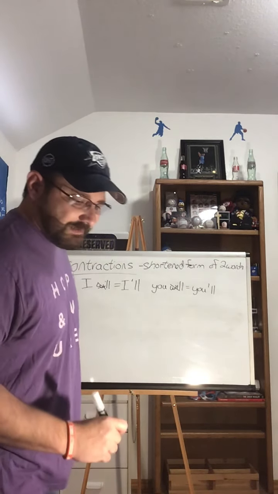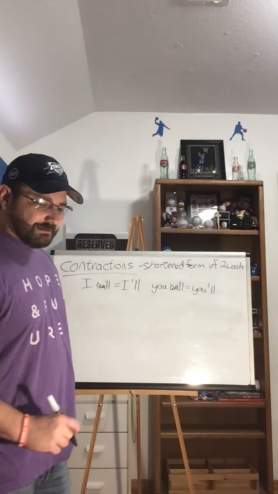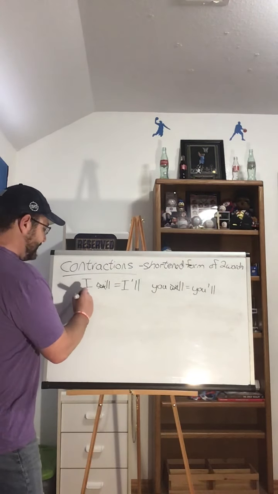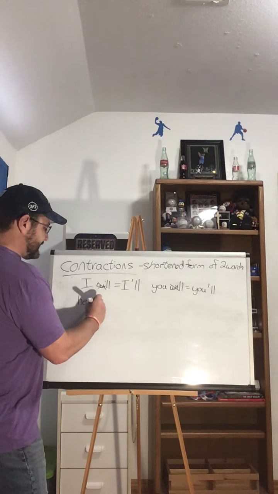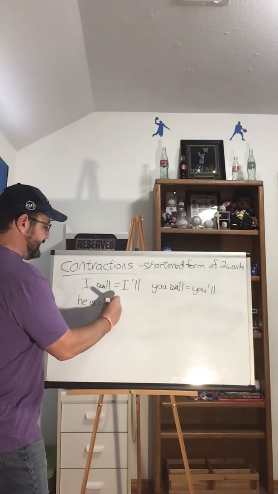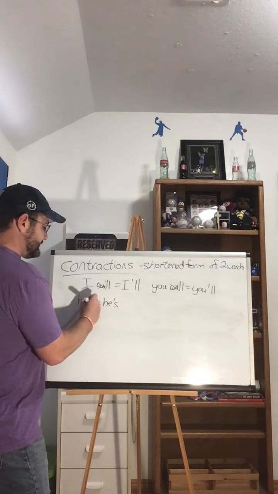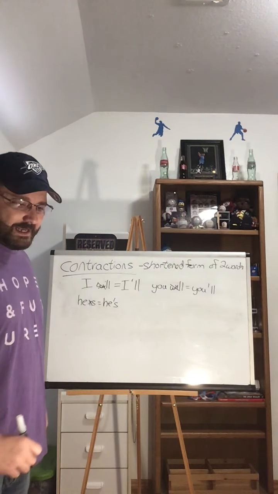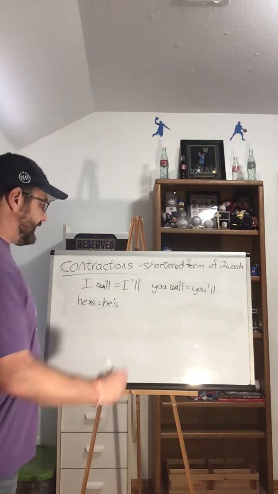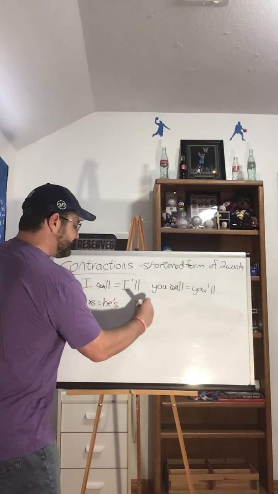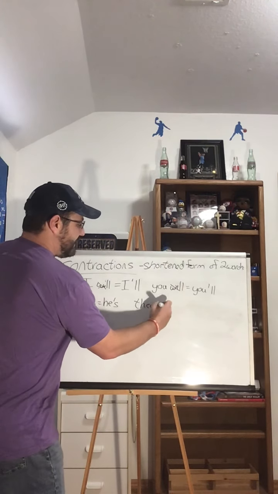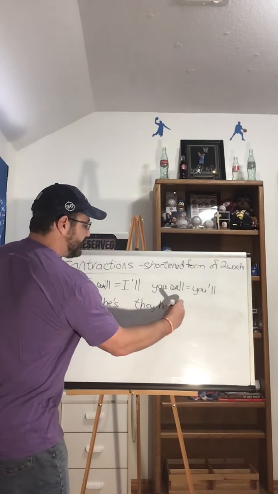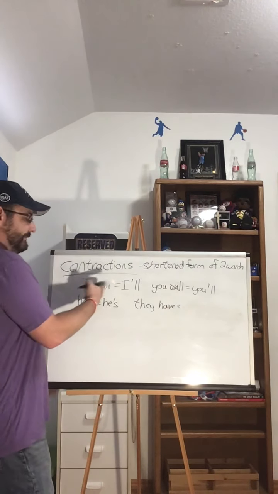The ones that we talked about yesterday, if you missed yesterday's lesson, we talked about he and is, and sticking them together, you get he's, H-E apostrophe S. The I gets taken away. And then we also talked about they have. What we do there is the exact same thing we did up here.